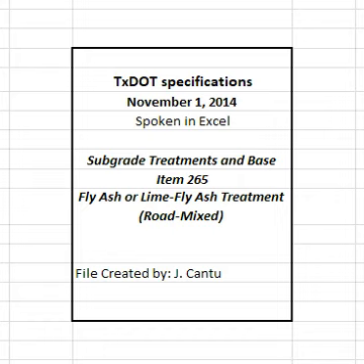Furnishing and delivering new base will be paid for in accordance with Section 247.6.2, Flexible Base, Roadway Delivery, DOT. Mixing, spreading, belading, shaping, compacting, and finishing new or existing base material will be paid for under Section 265.6.3, FA and LFA Treatment.